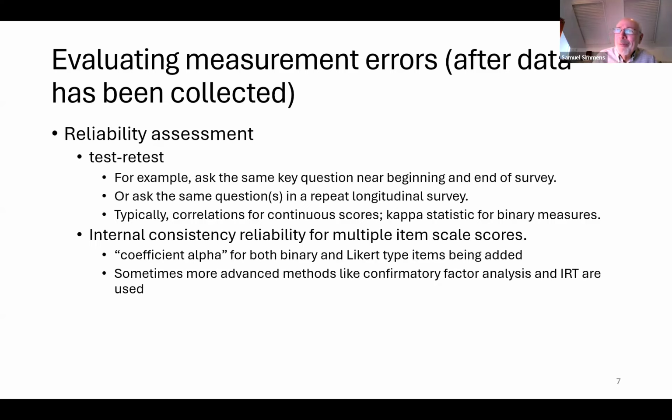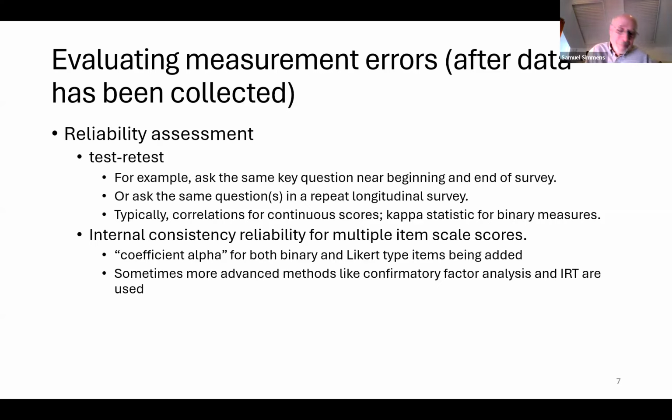So for reliability assessment, a pretty basic one is sometimes called test-retest reliability. If you're doing a single one-time survey, sometimes people will include the same question at the beginning of the survey and at the end of the survey, and see how well they match up.